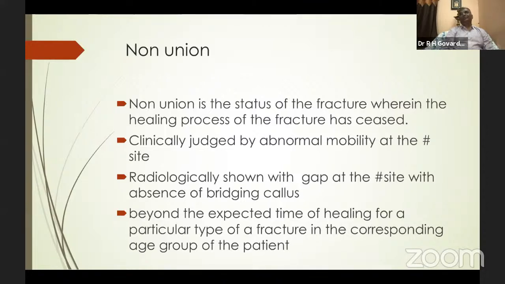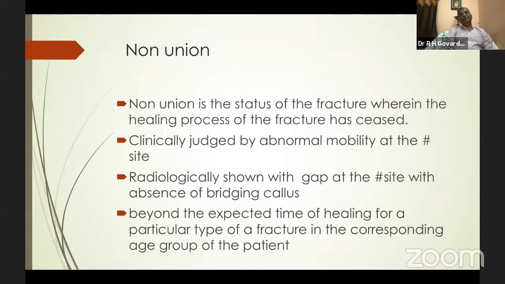I am glad to see that the literature has changed, and no more is the definition given as painless abnormal mobility. The AO group and various other textbooks have all given the definition: it is abnormal mobility, not painless abnormal mobility.